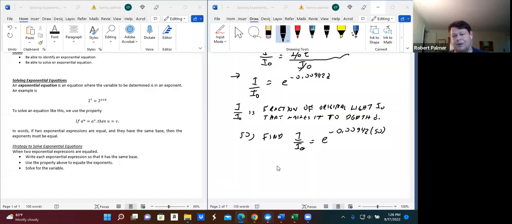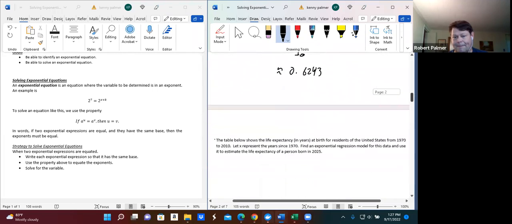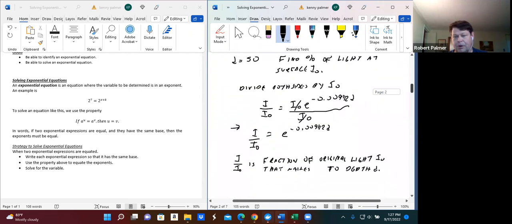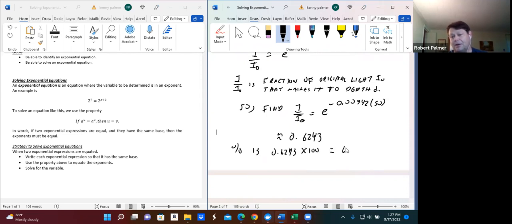So it was approximately 0.6243. Okay, now this is a decimal, so the percent is this 0.6243 times 100, which is going to be 62.43%.